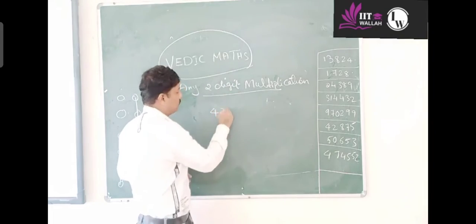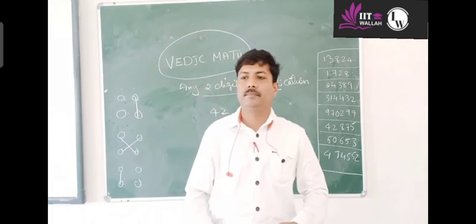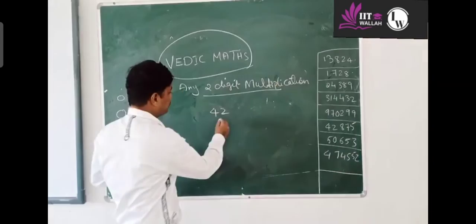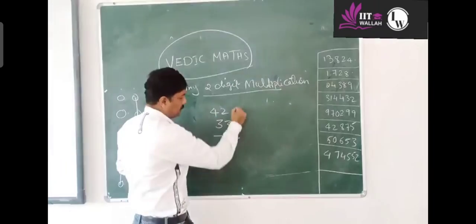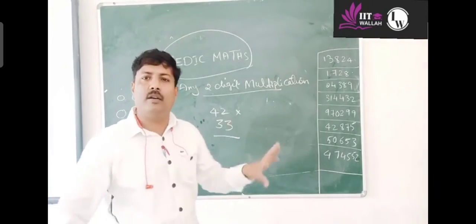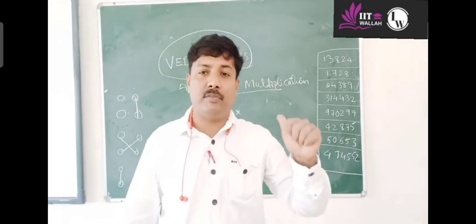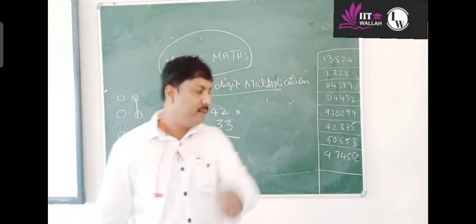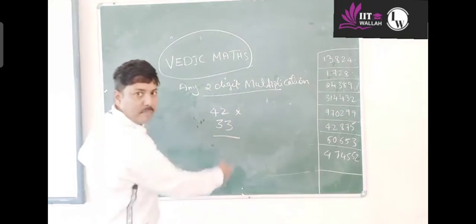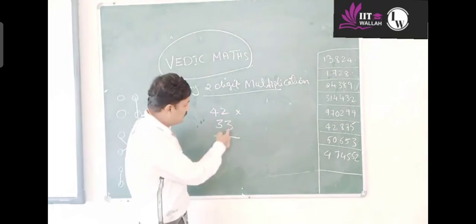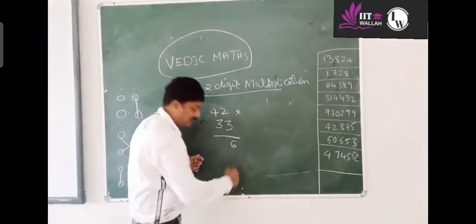Okay, 42. Give me another number here, 33. We need to multiply this. We already know the general method, but we need to multiply this very fast by using Vedic maths. So, first step from the picture you can understand. This into this is the first step, 6.